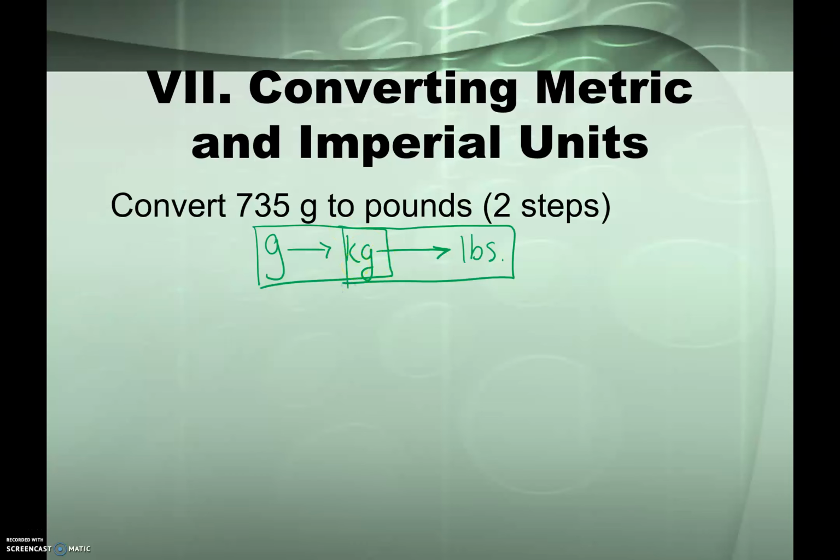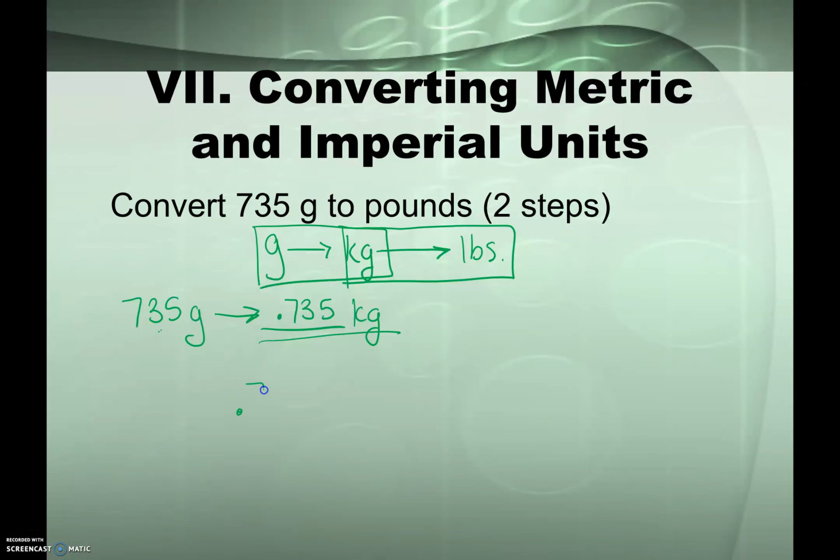So the first way I'm going to show you, you just simply have to move the decimal like we've done before. So if we take 735 grams, how many kilograms is that? We're just going to move our decimal 3 places to the left. So we get 0.735 kilograms. Now this is our new starting unit because we've already converted our grams.